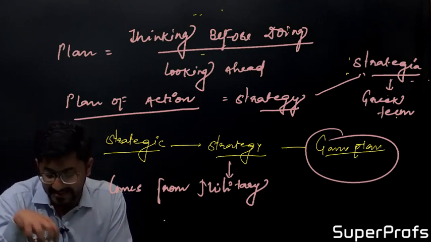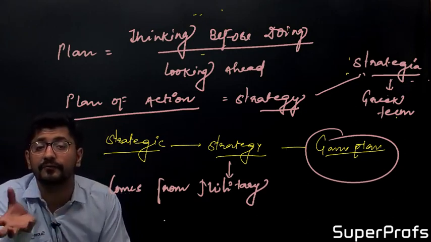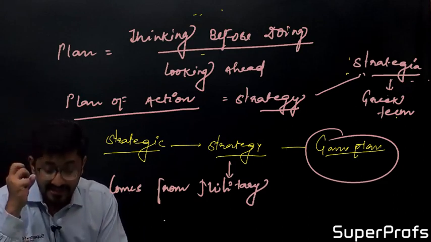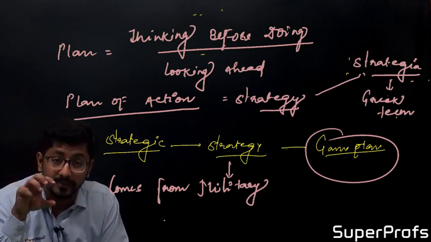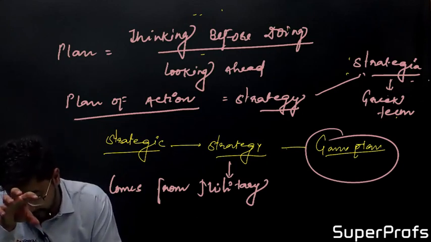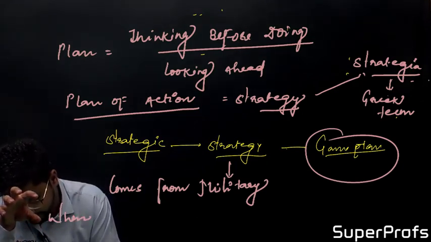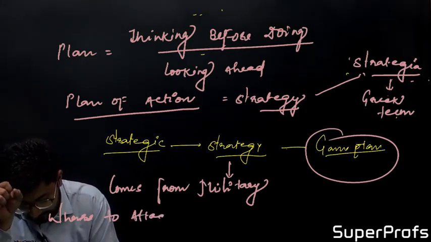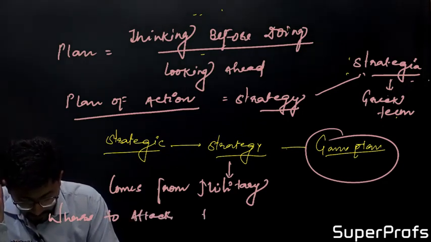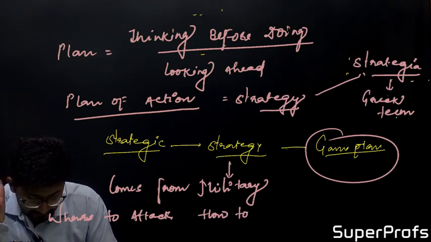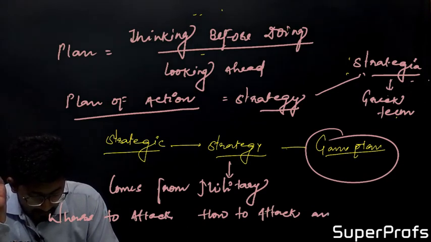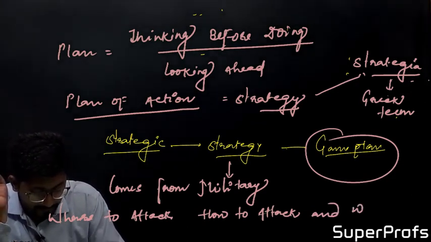It means the strategy word does not come from business. It comes from the military, where the military men were taught where to attack, how to attack, and when to attack.